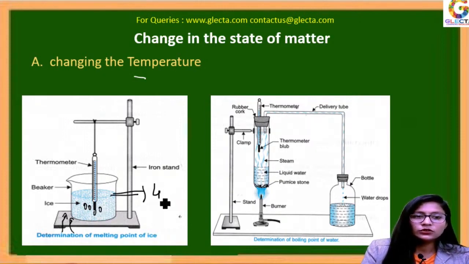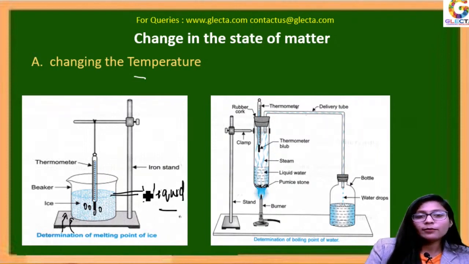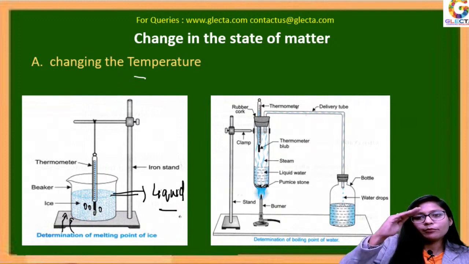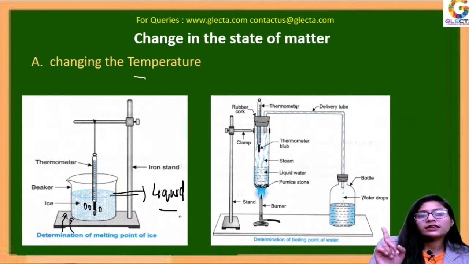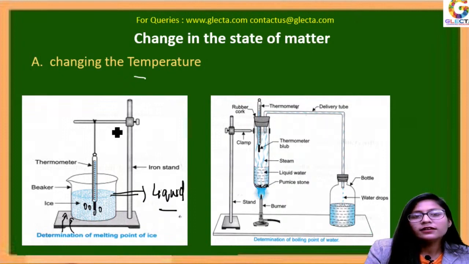So this actually happens: when we raise the temperature of a given substance, that substance will convert into liquid. Therefore, one way to change the state of matter is temperature.